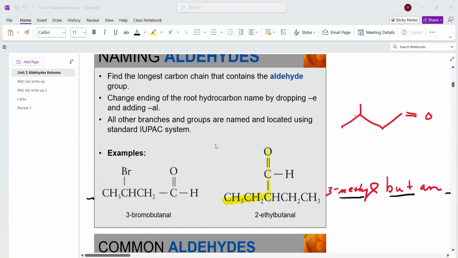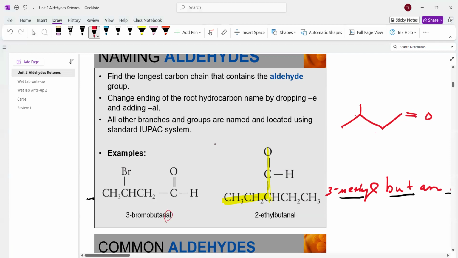Okay, naming these now. For aldehydes, think of aldehydes as aldehydes, okay? And it's going to be the functional group.